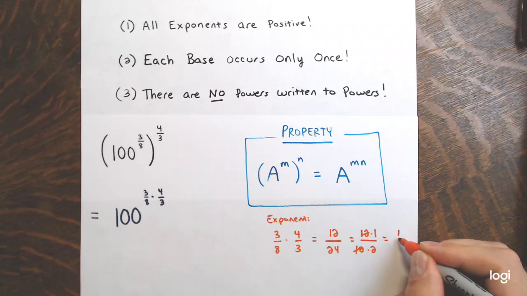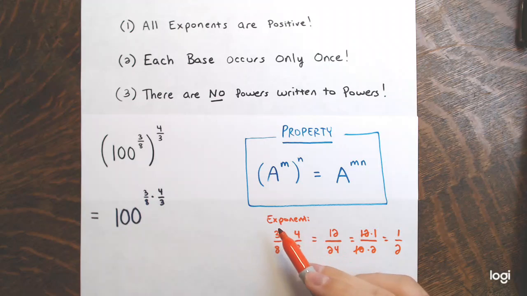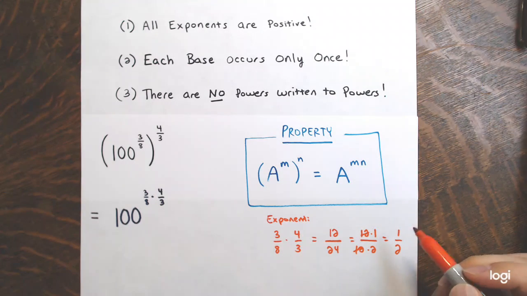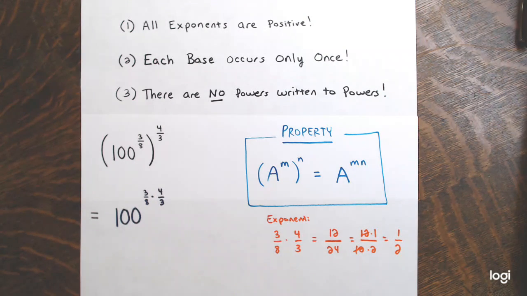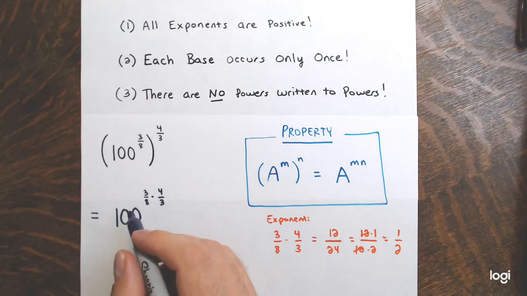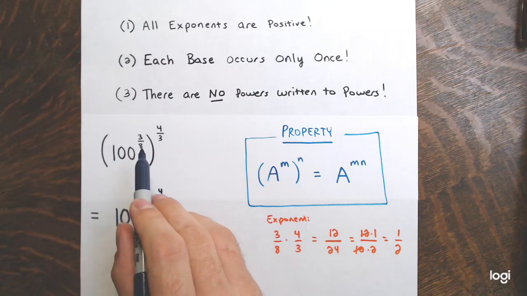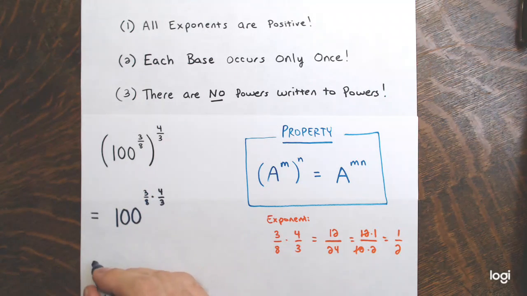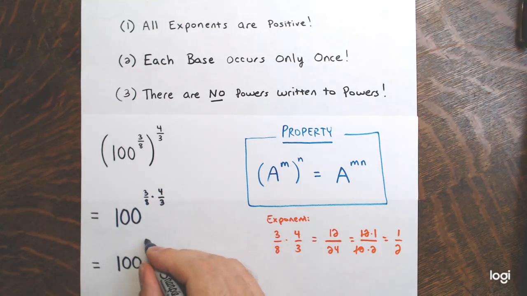As I said earlier, you can cancel earlier if you want, but you end up with a half when that's totally simplified, when the numerator and denominator don't have any common factors anymore. Okay, so 100 to the 3/8 times 4/3 is equal to 100 to the 1/2 power.